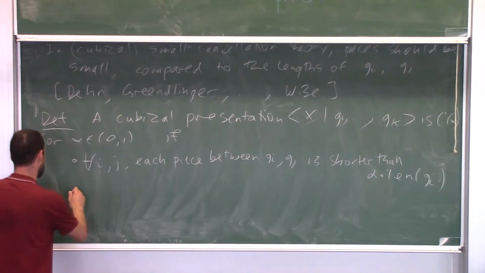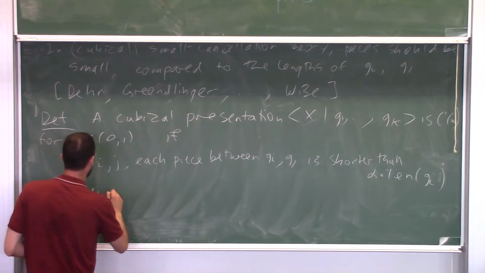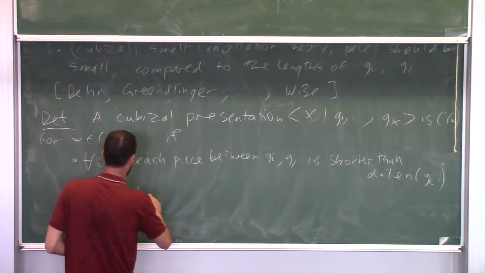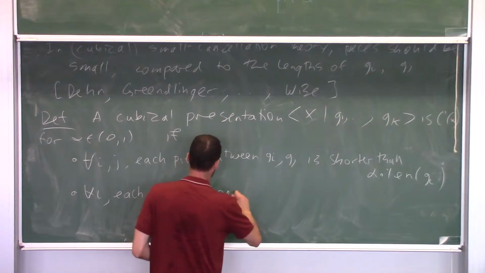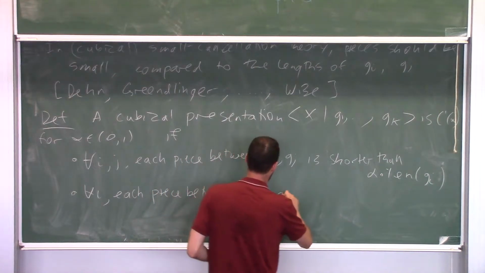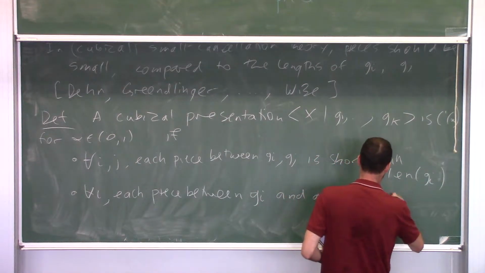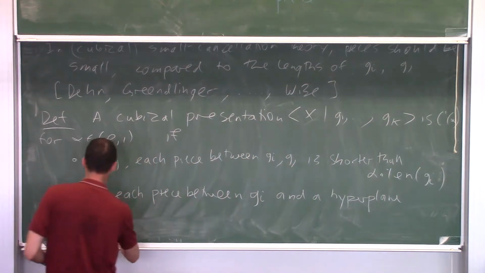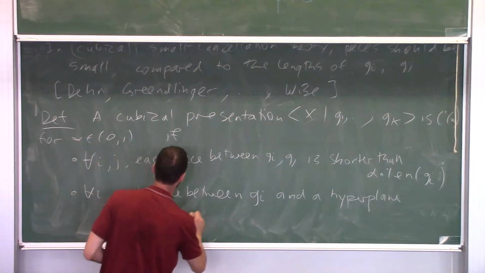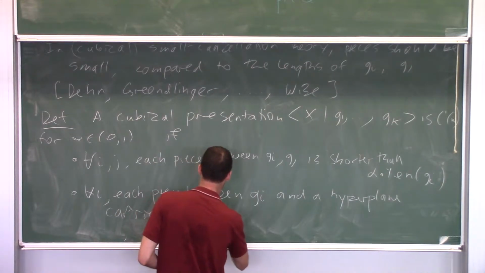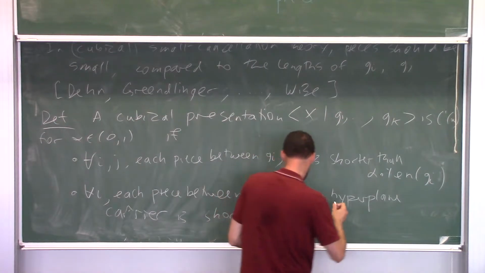Shorter also than Gj. And for all i, each piece between Gi and a hyperplane carrier is similarly shorter than alpha times the length of Gi.